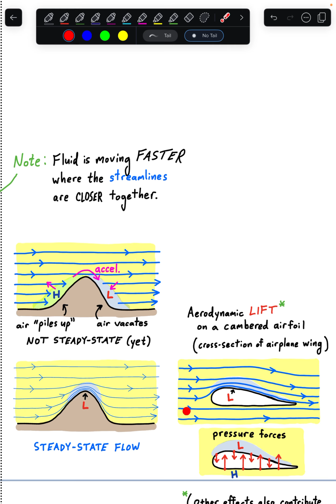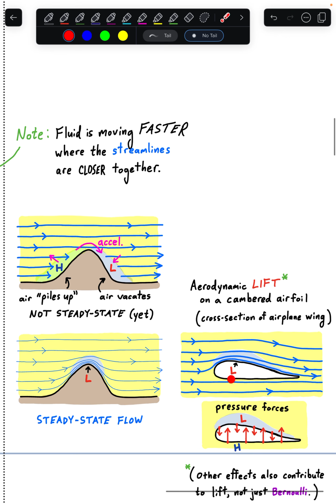Compare that to the air below the wing, where it's flat down there. That air is not deflected at all. That air doesn't have to move off of its original path. And so the air pressure below the wing stays relatively high compared to the air pressure above the wing, where the air pressure drops.